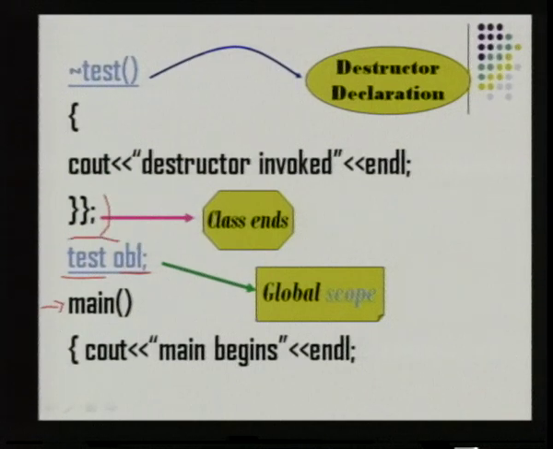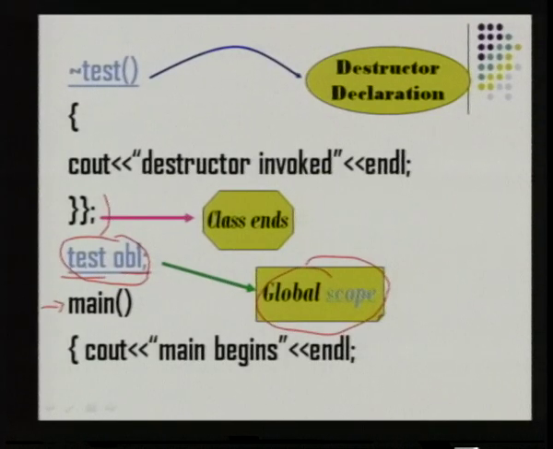So, this object that is created is in between the class and the main function. So, it will assign a global scope to that particular object. Global scope, in the sense it is like a global variable. We have seen what is a global variable, something that is available throughout the entire program. So, the compiler will assign global scope to this OB1 object. That means this object will continue to exist till the program completes its execution.